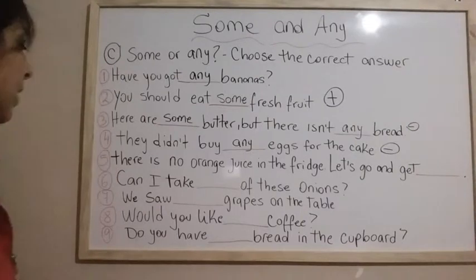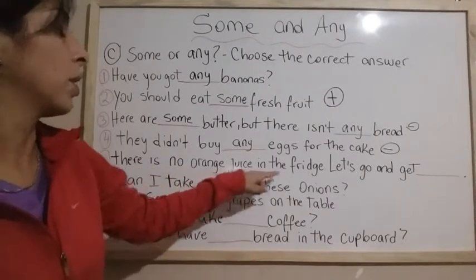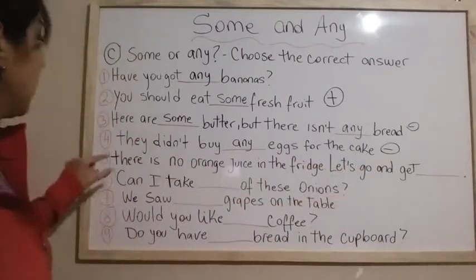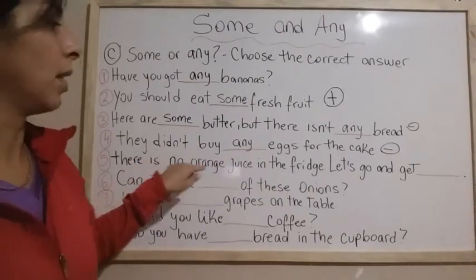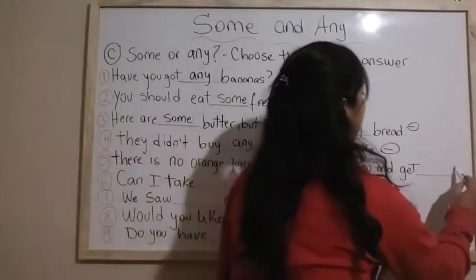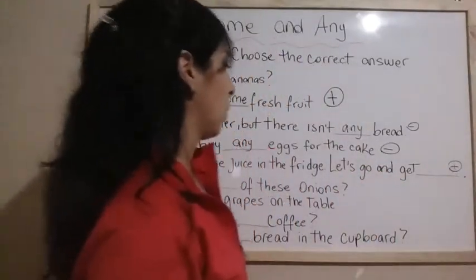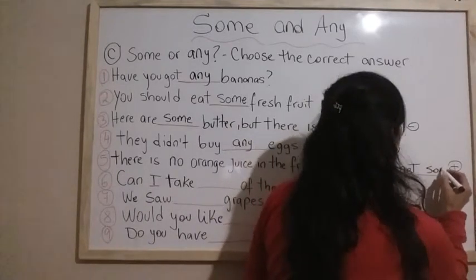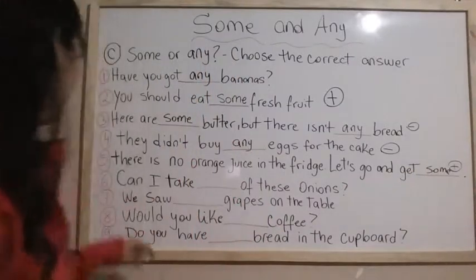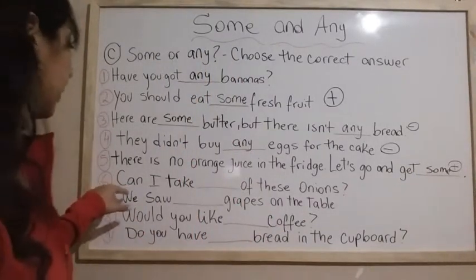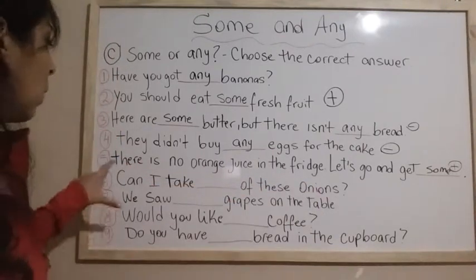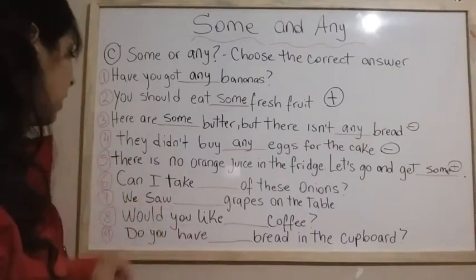The next sentence, there is no orange juice in the fridge. Let's go and get blah blah blah. In this part of the sentence is a negative sentence, but in this part is an affirmative sentence. So we have to write some, okay? Let's go and get some. Then we have a question. Can I take blah blah blah of these onions? What kind of question is it?